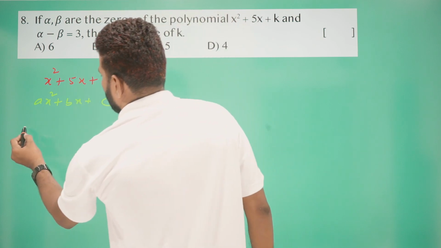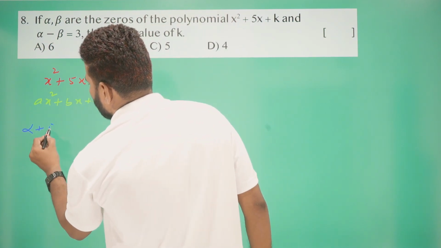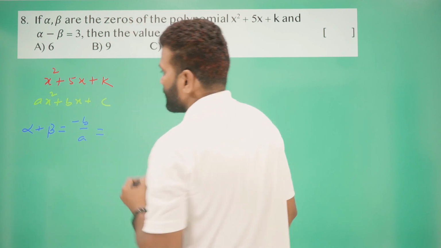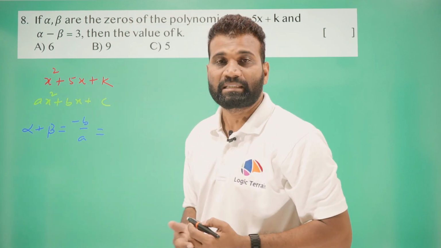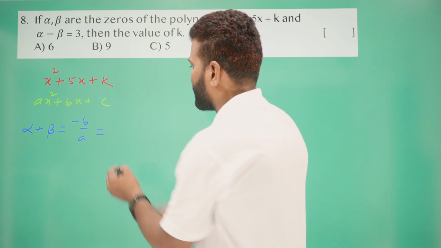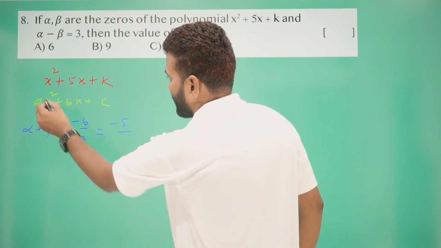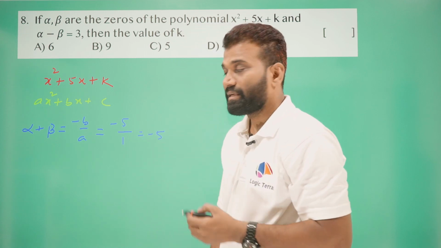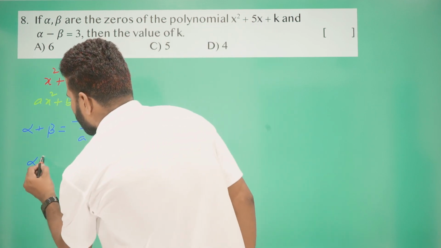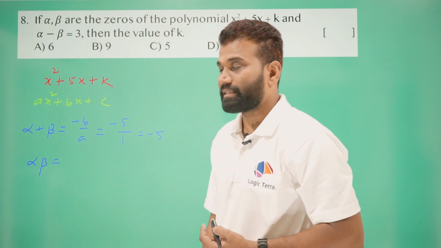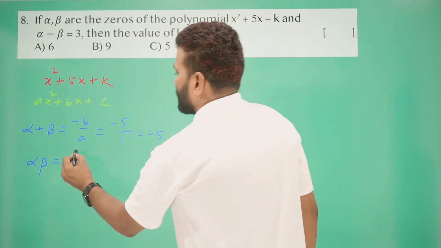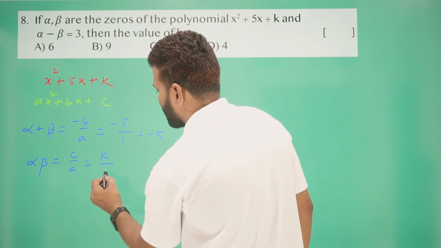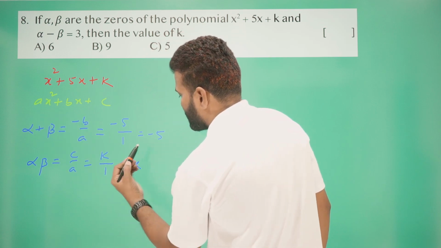So, the sum of roots alpha + beta is equal to −b/a, that is minus x coefficient upon x² coefficient. Here b is 5, so −5 upon a, that is x² coefficient 1, which becomes −5. And further, the product of zeros, alpha into beta, is equal to c/a, that is constant k and a, that is 1, which becomes k.